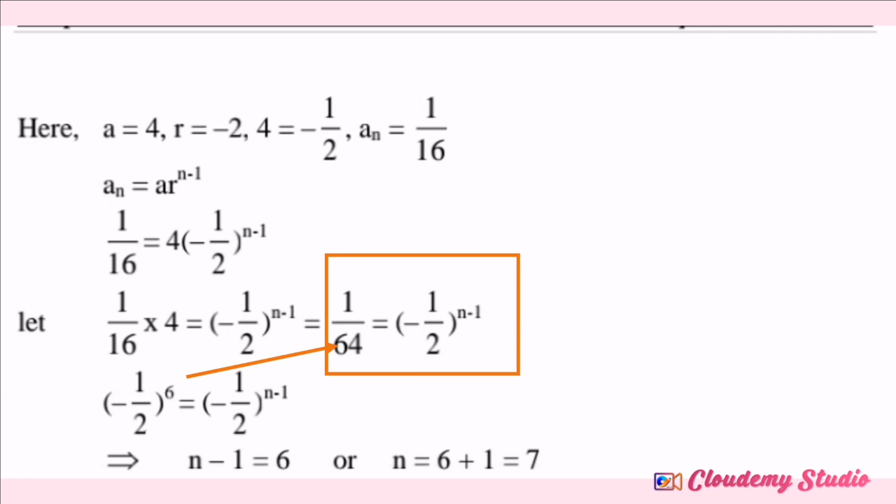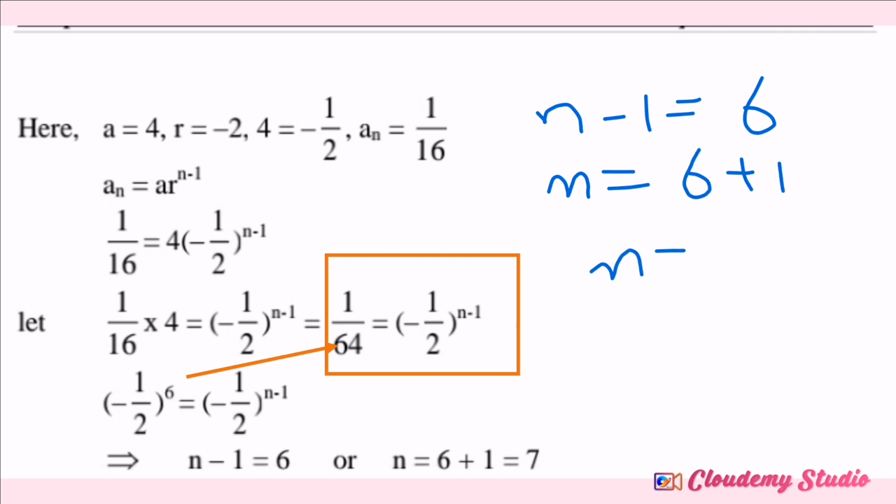If we compare both sides, n minus 1 is equal to 6. So n is equal to 6 plus 1. n is equal to 7. So the value of n becomes 7.